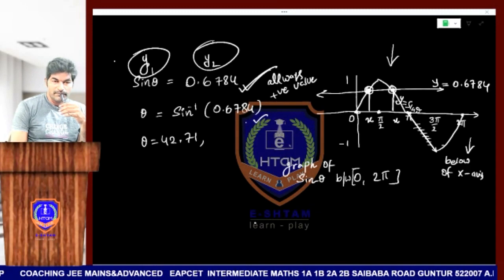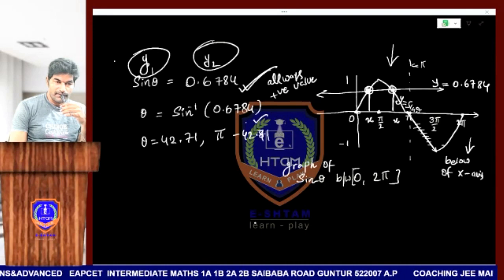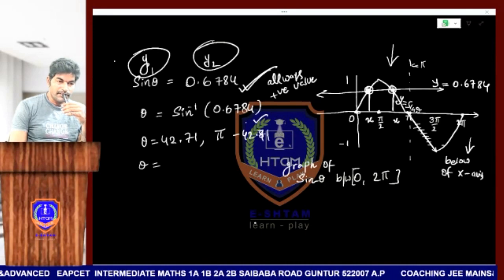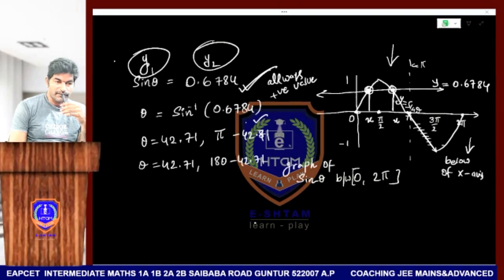Look here. One more value, which is below the pi value. So write down pi minus 42.71. Therefore theta equal to pi minus 42.71, which means 180 minus 42.71.